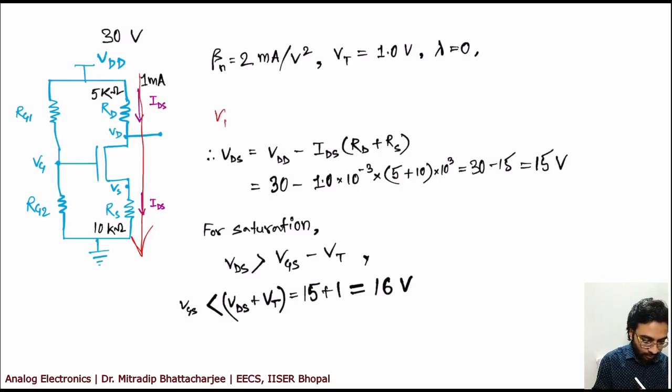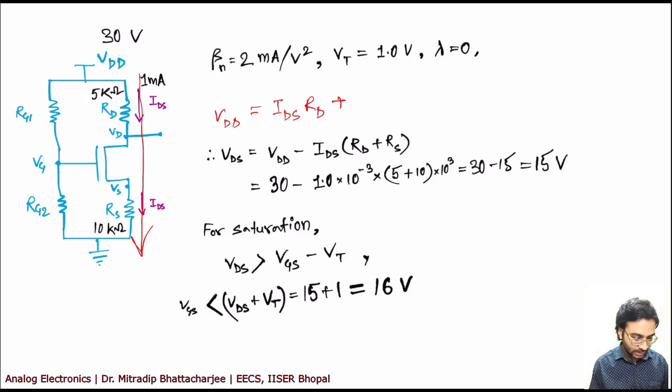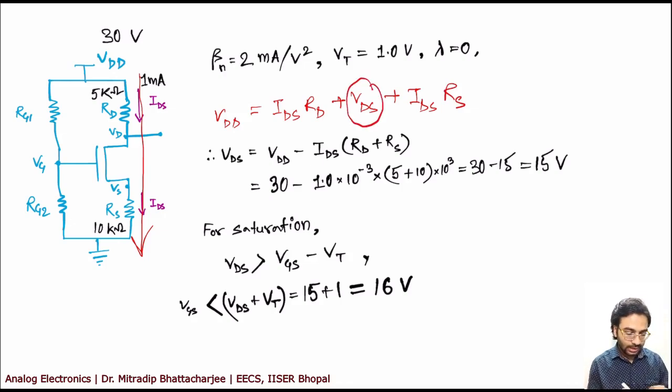VDD is equal to IDS RD plus VDS plus IDS RS, right?